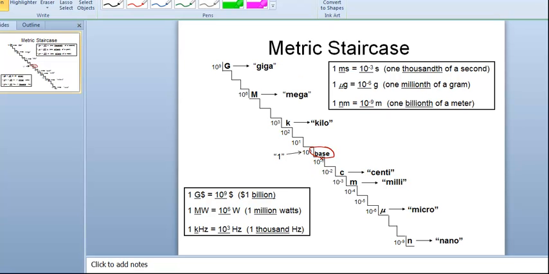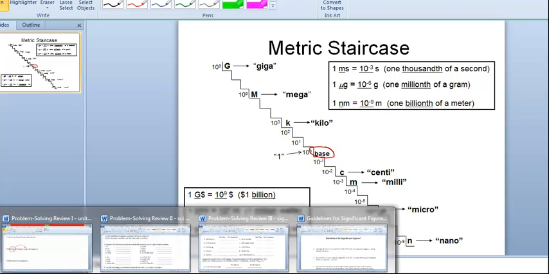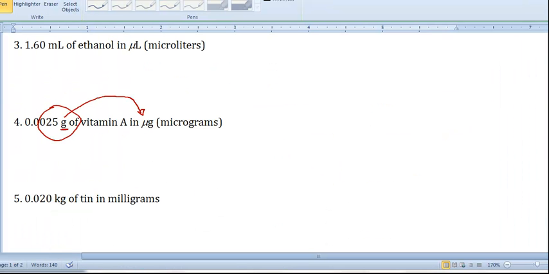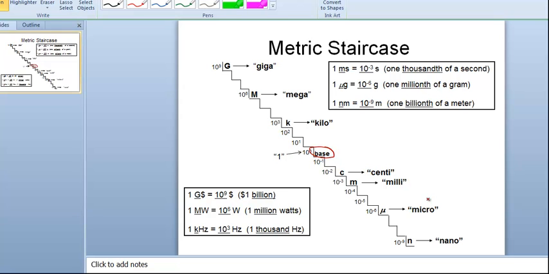And then we're trying to get from just regular grams to micrograms. So we need to end up down here on this step, right? So how many steps is that? So we have to go from grams, 1, 2, 3, 4, 5, 6.